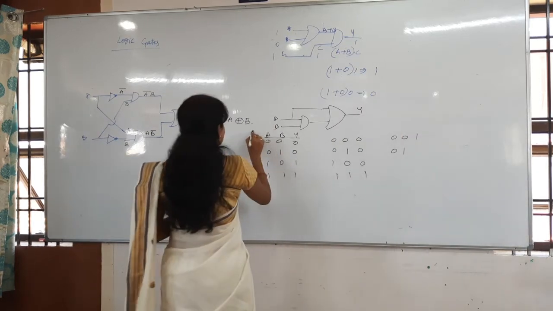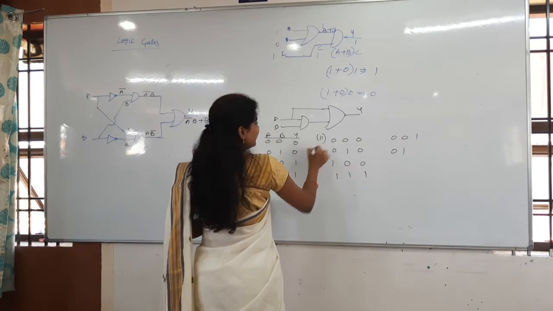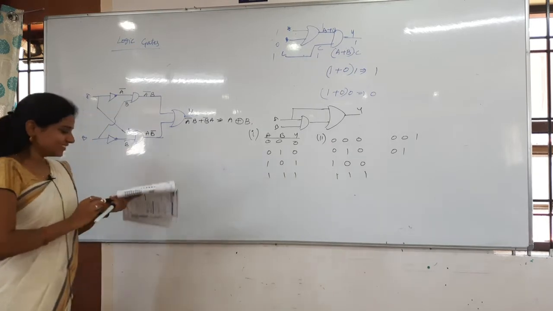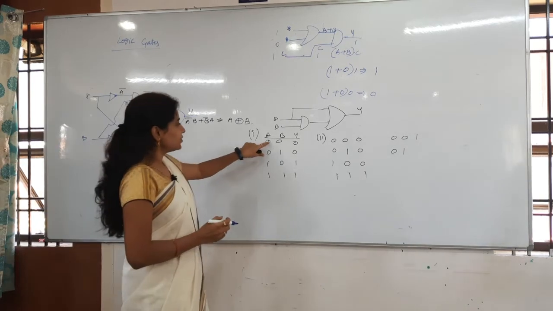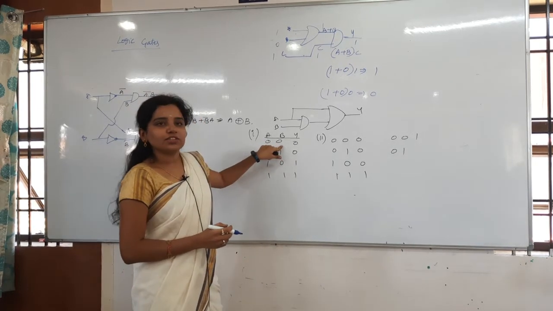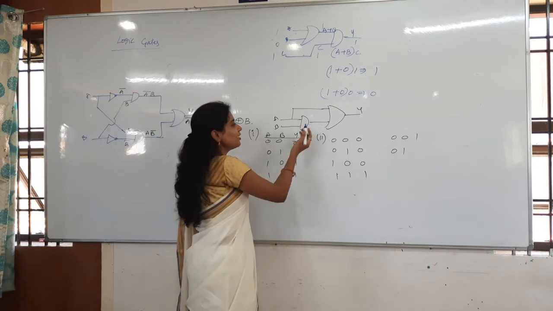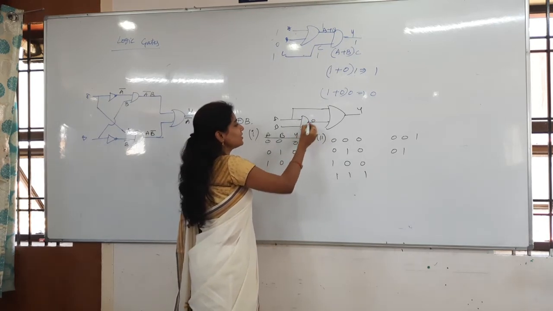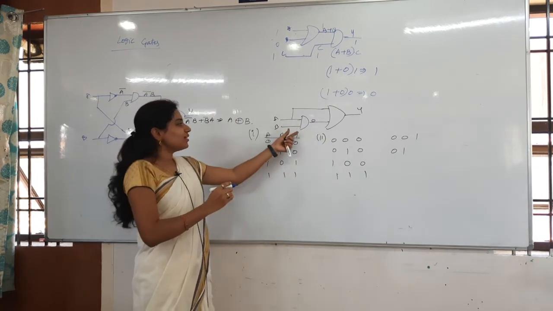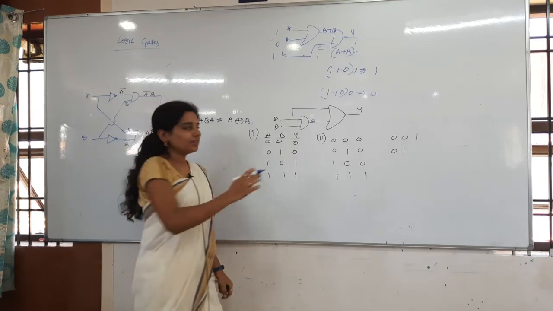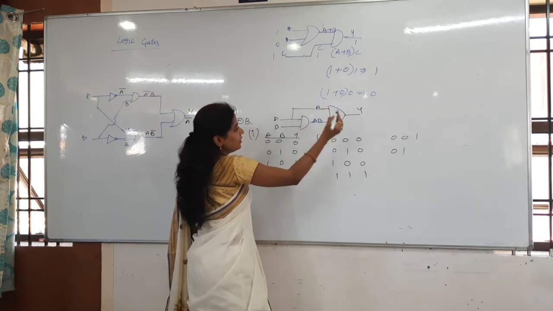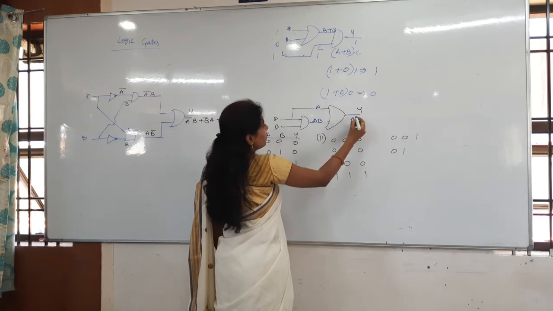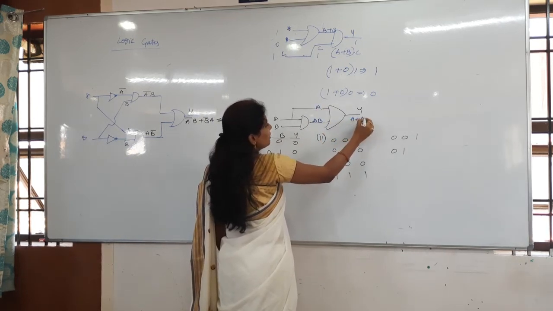Among these two options, which one is correct? First option is correct? Yes. Check that. 0, 0. 0, 0 is how much? 0. Otherwise you can check by the Boolean expression also, no? So what will we get here? A, B. Then here how much will we get? A. So that is A, and then A plus AB.